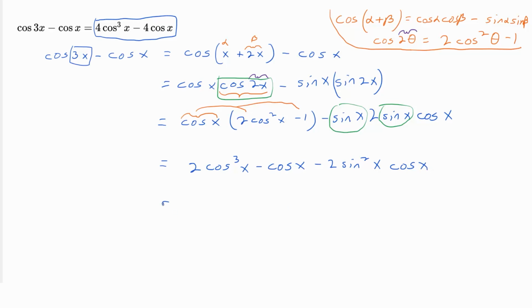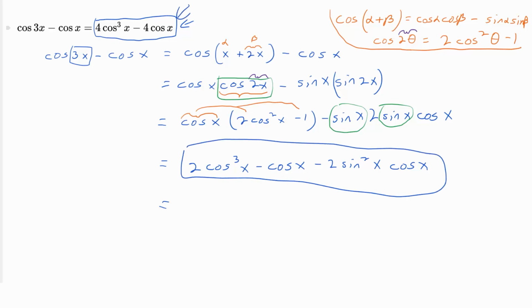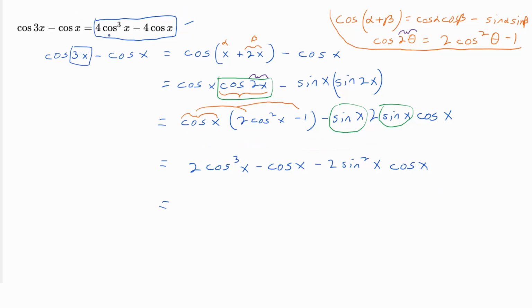Okay, now remember, I'm looking at the right side. I want to turn this whole thing into the right side. So I need everything in terms of powers of cosine. So I'm doing good right here, right here, right here. I need to write that in terms of cosine squared actually. And I'm going to use the identity that says sine squared is equal to 1 minus cosine squared right there.